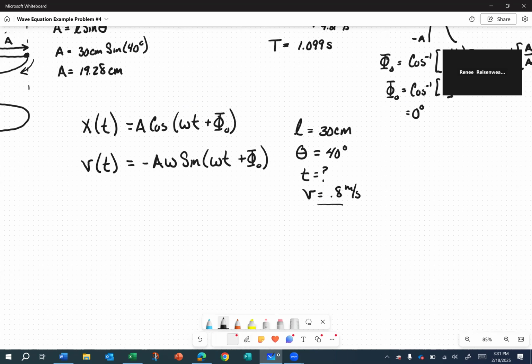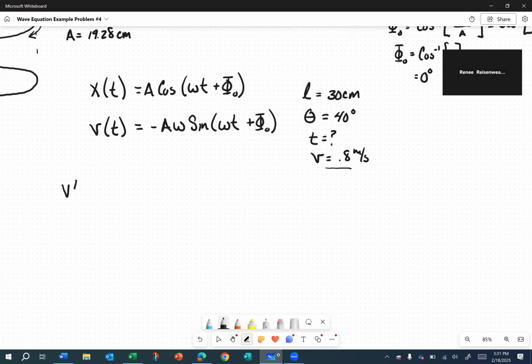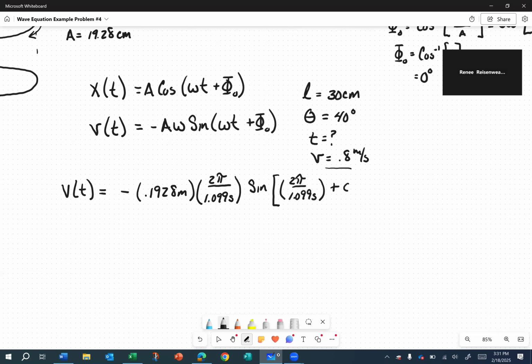So plugging in all the values, my velocity, v of t, is equal to negative the amplitude of 0.1928 meters times my omega, which is 2 pi over the period of 1.099 seconds, sine of omega t, so that's again 2 pi all over 1.099 seconds plus 0, and the t right here.